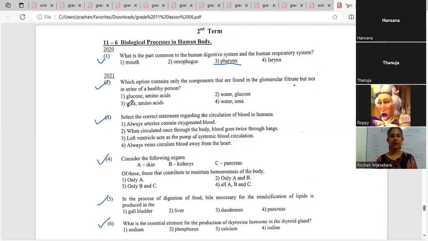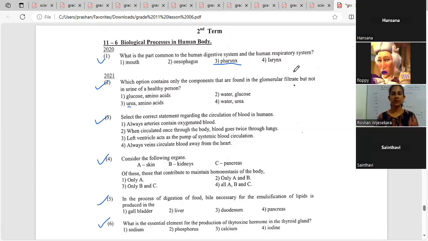Urea and water are both present in urine, but glucose and amino acid are not present in the urine of a healthy person. Therefore, that is the correct answer. Glomerular filtrate contains glucose and amino acid, but they are reabsorbed during the reabsorption process.